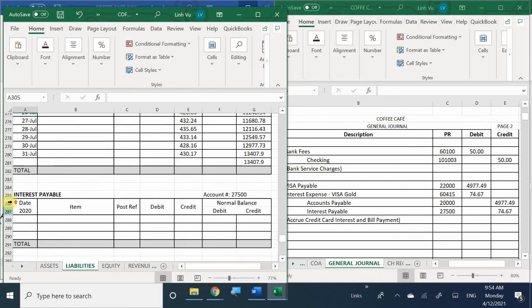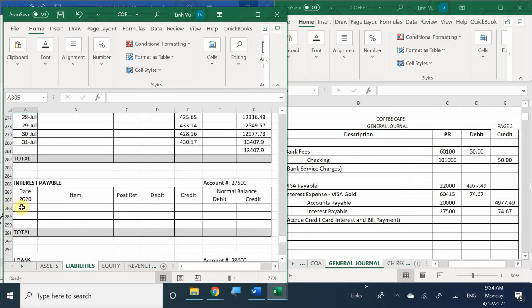So once again, here you go. Interest payable. I'm going to recognize that this is 18% interest on Visa Gold. Okay. And I'm going to recognize it for the $74.67, right? Because I owe that amount.